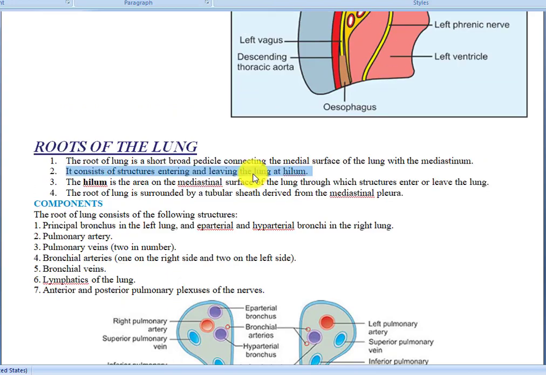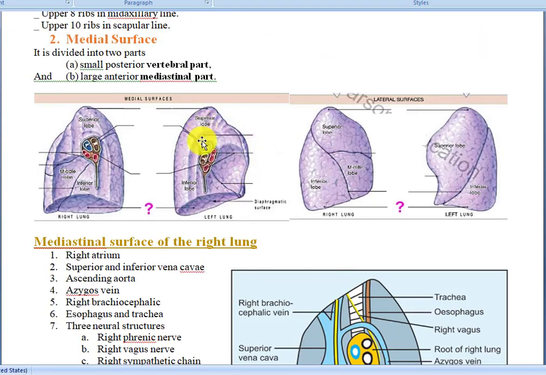Friends, let me show you in this diagram here. This is the medial surface of the lungs, and this is the costal surface of the lungs. On the medial surface, there is this pedicle part, this one, right? This is called the hilum of the lungs.